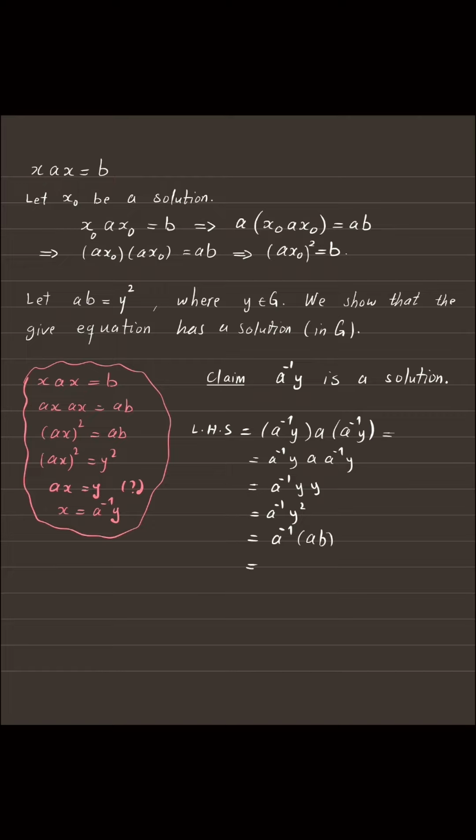And then a inverse ab is equal to b, and it is equal to the right hand side. So I just want to emphasize the role of this scratch paper work, which actually gave us a way to understand what to claim and how to prove it.